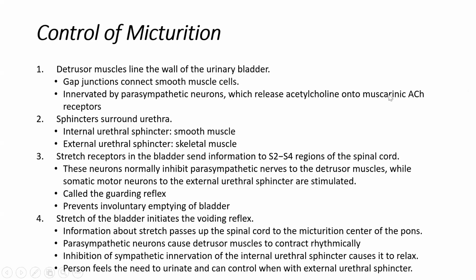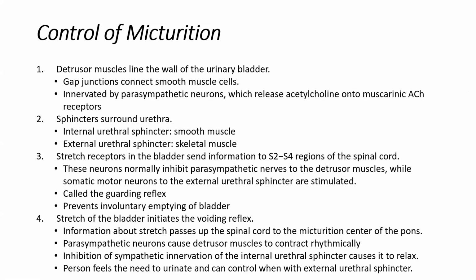Now, typically when the stretch receptors in the bladder detect that they're stretching in the wall of the bladder, meaning that the volume of urine is building up, they'll send information to the regions of the spinal cord. So that's S2 to S4, the sacral regions of the spinal cord. And the neurons here are typically inhibiting the parasympathetic response. The parasympathetic is what's going to cause you to void your bladder.